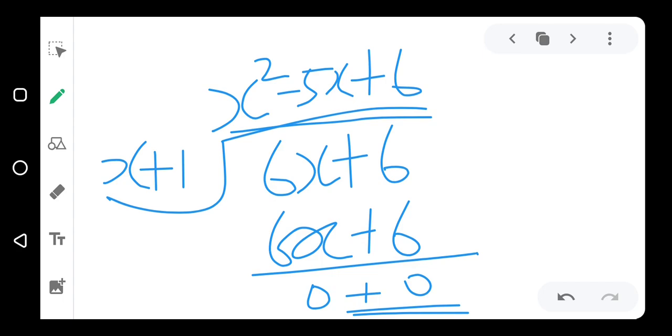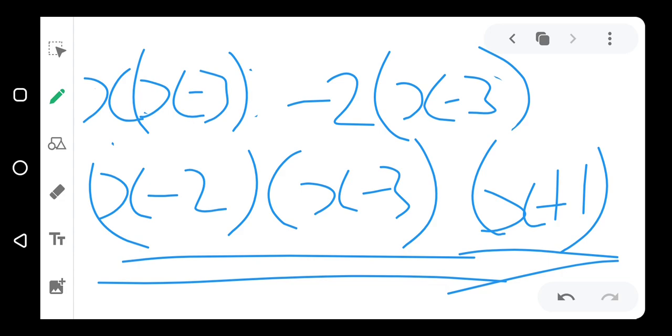Here we were able to factorize again because we have degree 2, so we use the quadratic method to get the other factors. So that is how to factorize a polynomial completely. We have completely factorized the polynomial to get x minus 2, x minus 3, and x plus 1.